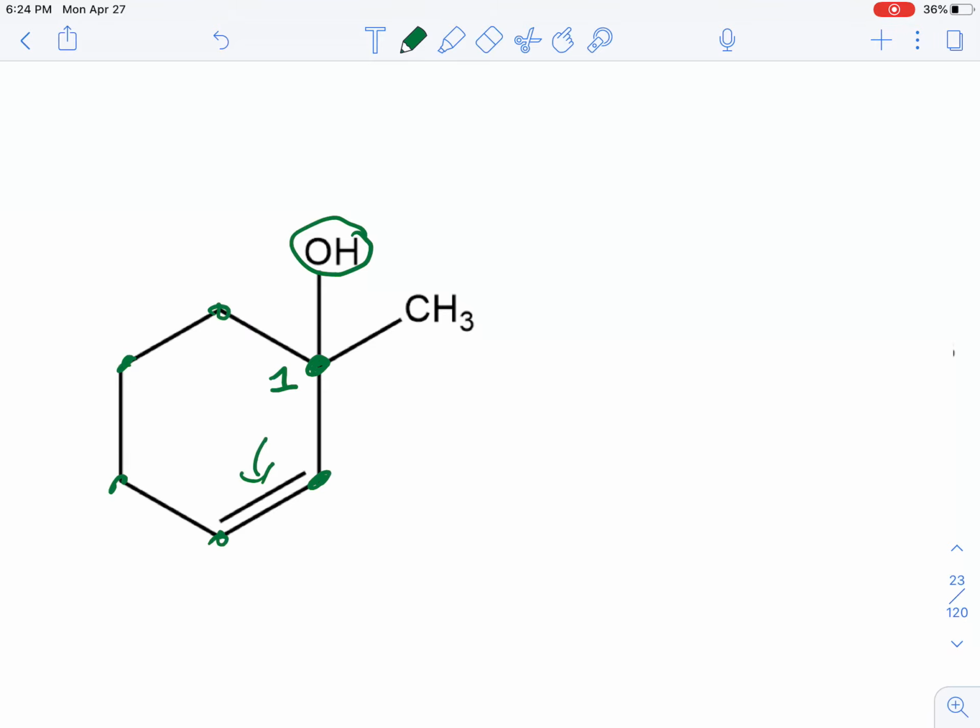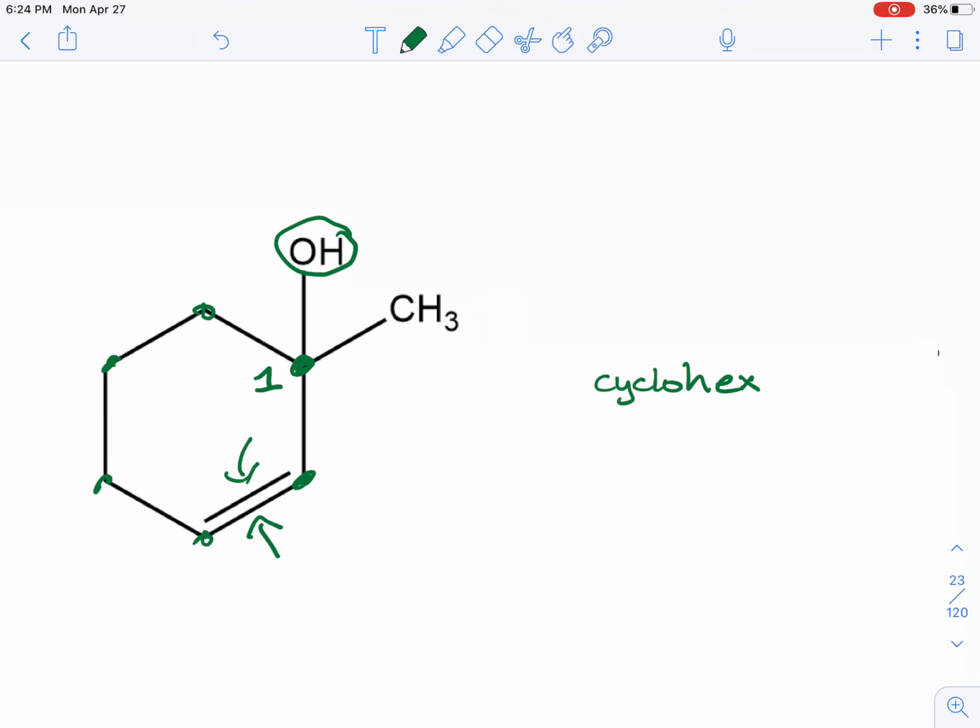So once again, I'm going to put in hex to represent my carbon number. And since it's a ring, I'm going to put cyclo. So this is cyclohex. Now, since I have the presence of a double bond, I can't say cyclohexane. I have to say cyclohexene. And I'm going to erase this E and add OL to represent the alcohol. So this is cyclohexenol.